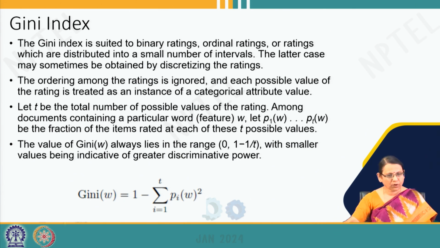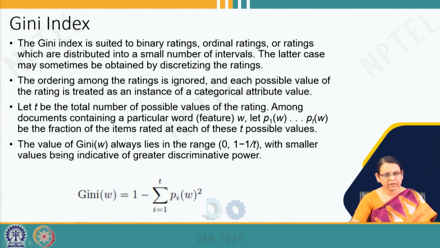Now, this formula is expressed in this way where W represents the feature, and within that feature there will be a number of labels. So, basically over all the labels, or total number of possible values, you will be taking the probability.